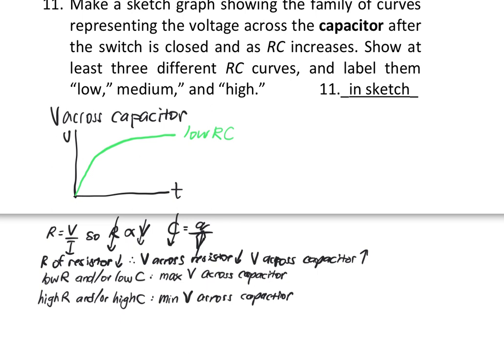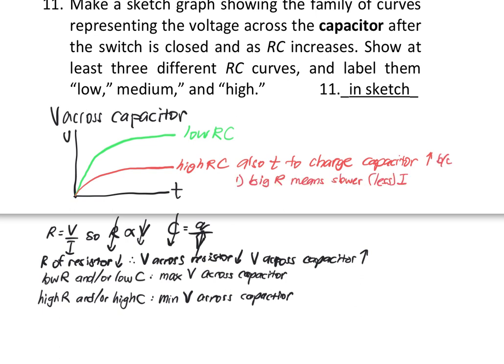Also, notice the way I drew the curve. The actual time to charge the capacitor increases as well for two reasons. A big resistance means less current, so the current's going to be slower, giving less charge to that capacitor over time.